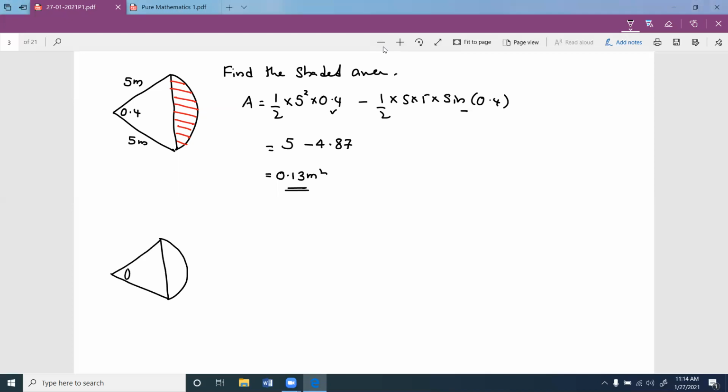They might give you the angle over here, and this is 2 meters. Given that the area is 0.2 square meters, they ask us to find theta. I just marked the area over here, this much.